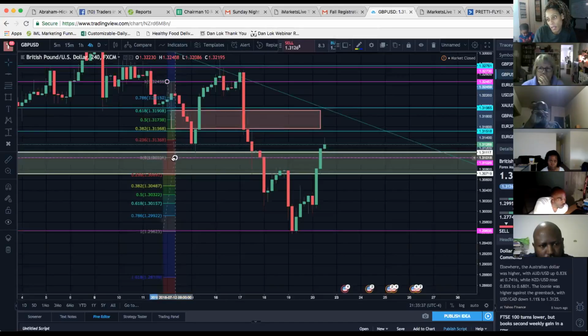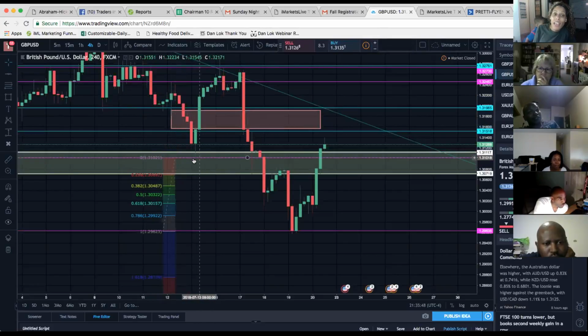Willie, the fibs would not have been drawn yet, because I don't even know that this is my low yet. I don't know this is my low until this candle and this candle close. Do you understand what I'm saying?